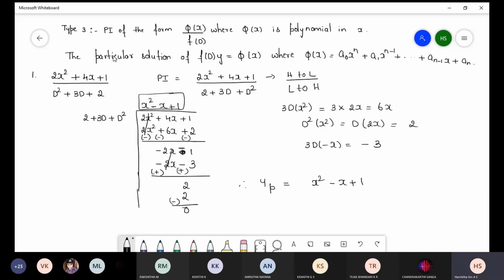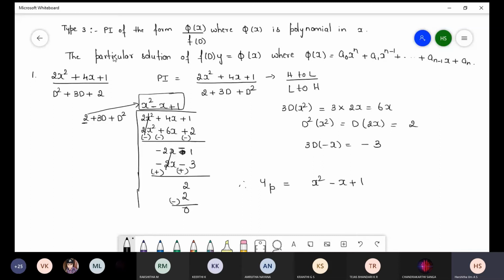Here they have given 2x square, so the first term is 2x square. Here it is 2. To get 2x square, we have to multiply this 2 with x square. So we get 2x square. Next, multiply x square with the second term. The second term is 3D, so 3D means first differentiation.